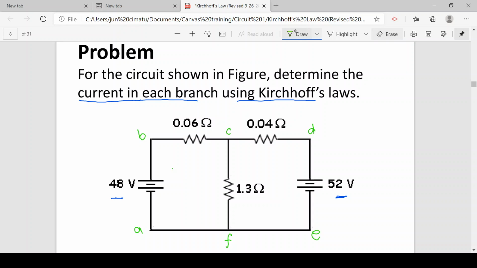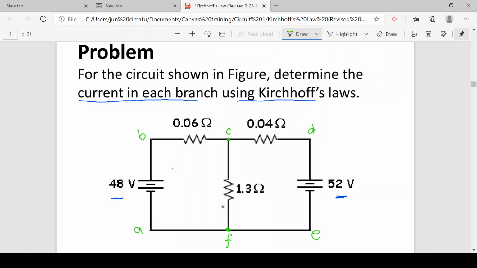C is one junction. Here is another junction, which is junction F. A junction, by the way, is an interconnection of 3 or more branches.